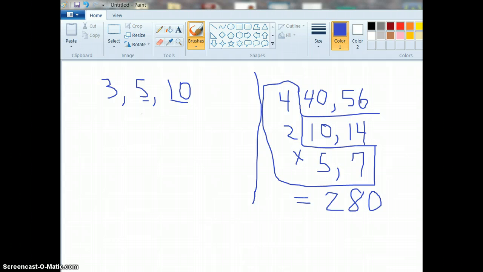5 and 10 are both divisible by 5, so we can take out a 5. Bring down the 3. 5 can go into 5 one time, and 5 can go into 10 2 times.